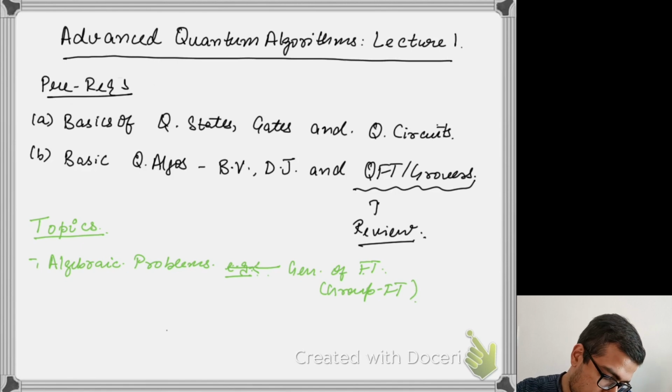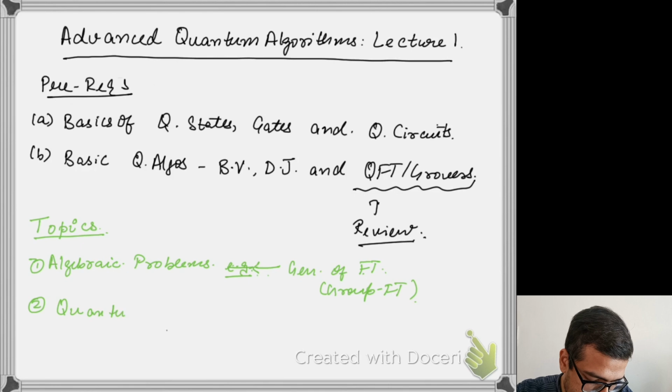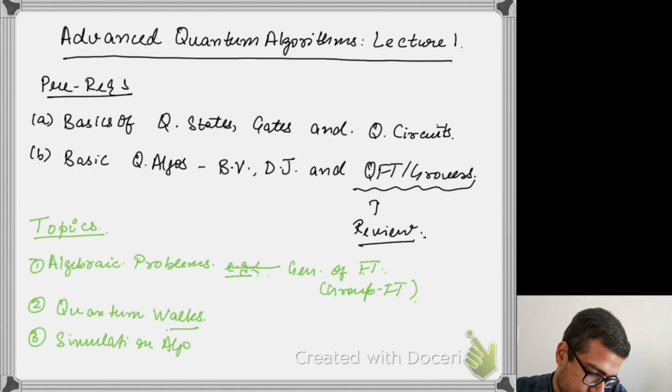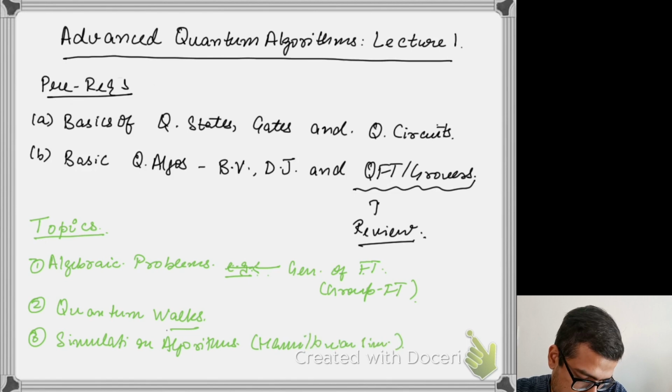So this is one area. Another is quantum walks. Thirdly, we'll have a look at some simulation algorithms, Hamiltonian simulation, and we'll also have a look at some linear algebraic algorithms.